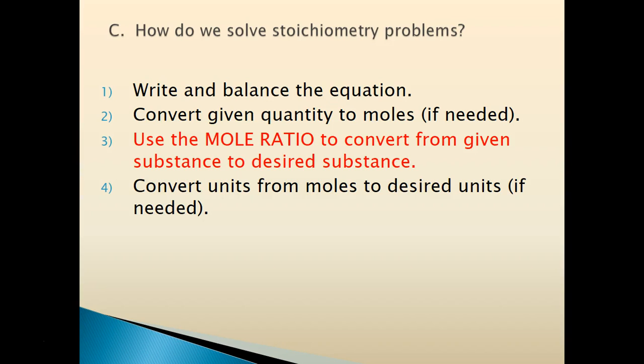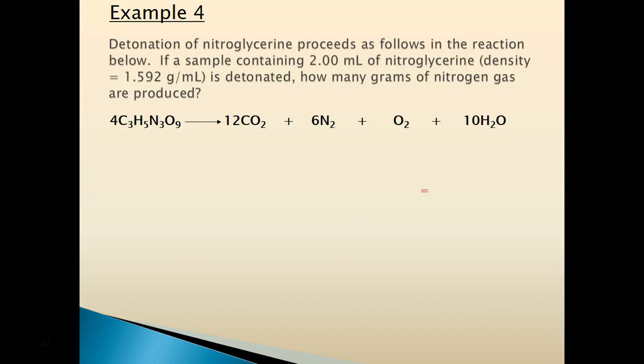Once we have a balanced equation, we'll convert whatever we are given into moles, if needed. If the given quantity is already in moles, we can skip that step. Next, we're going to use the mole ratio found in the balanced chemical equation to convert from the given substance to the desired substance. Finally, we're going to use that number of moles to convert to whatever we're asked to find. So let's look at an example.